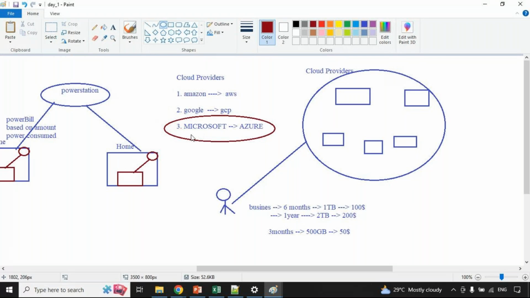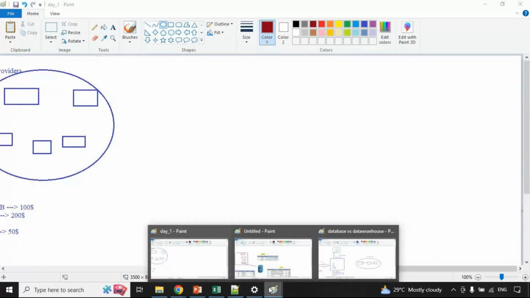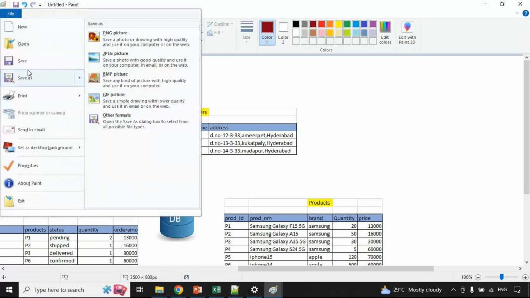As part of our learning, I am going to discuss Azure. Once you are familiar with one cloud, you will learn another cloud within hours. Here, guys, traditionally what happened is, one second, let me save this one.